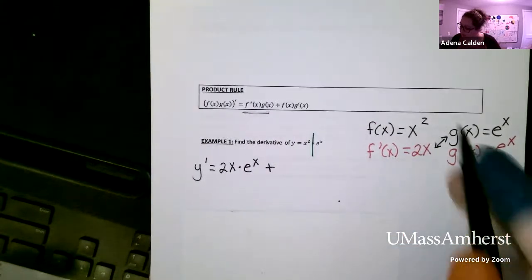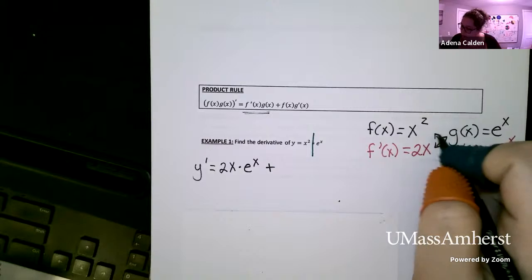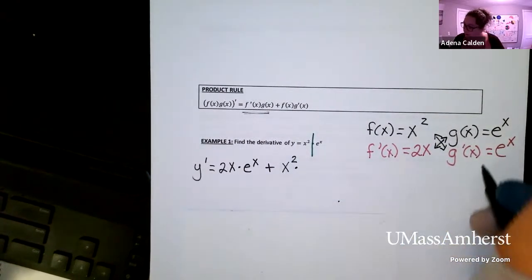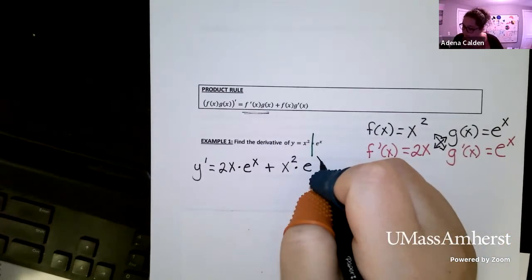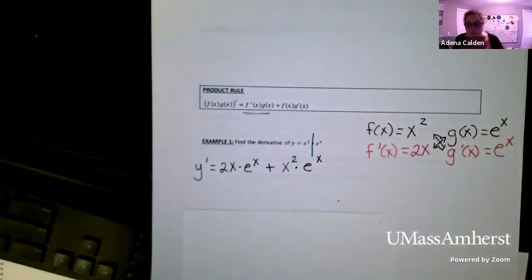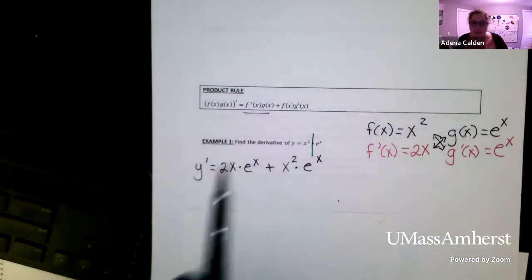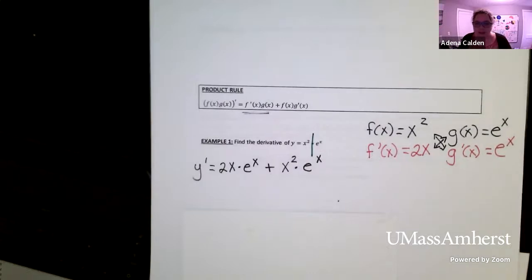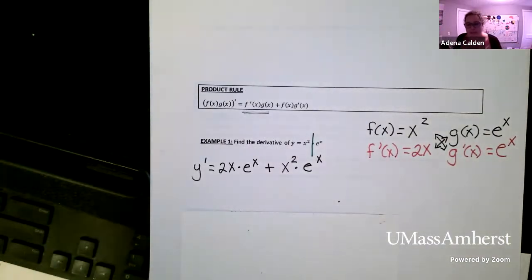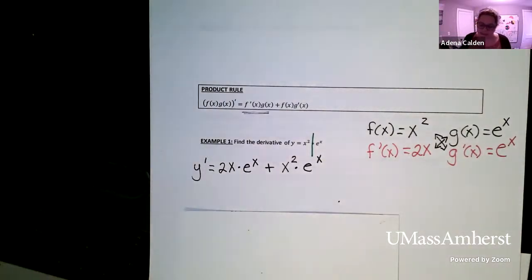So f is here, g prime is here. So f, which is x squared, times g prime, which is e to the x. So my derivative of this function looks like this: 2x times e to the x plus x squared times e to the x. If I'm just taking the derivative, it looks like this.